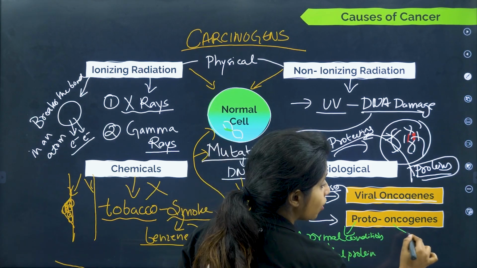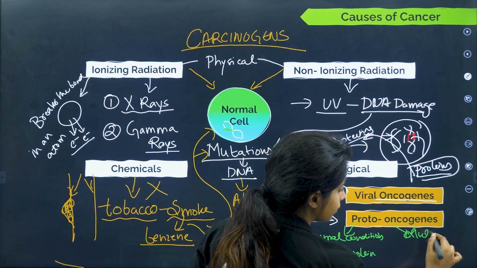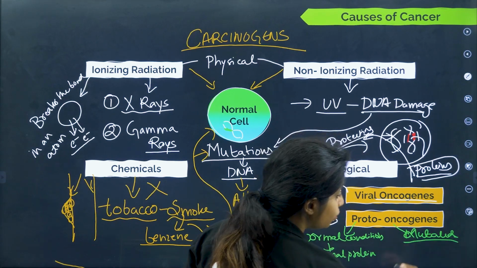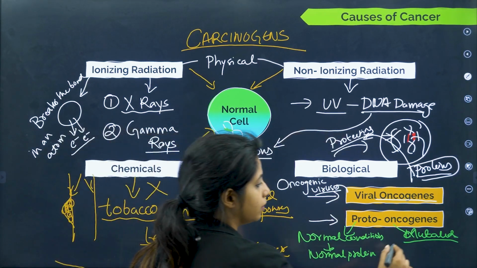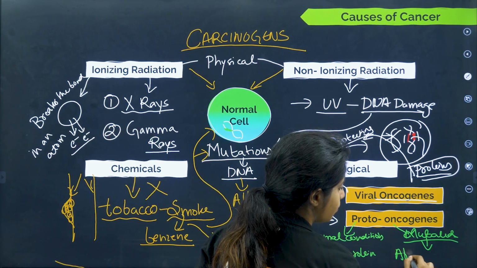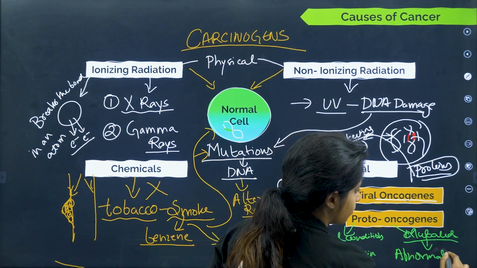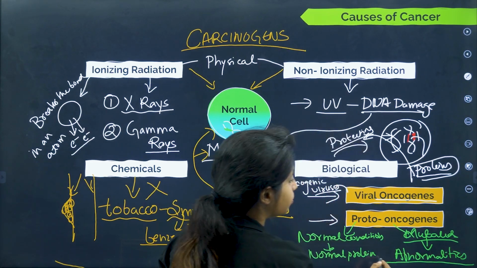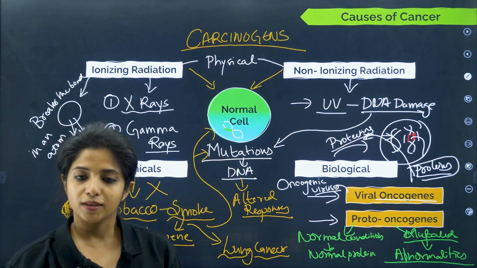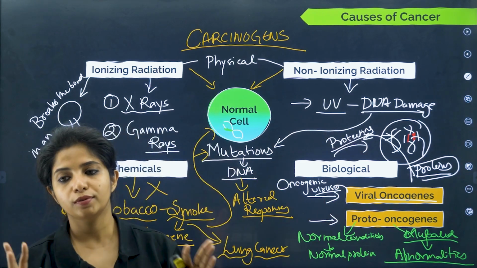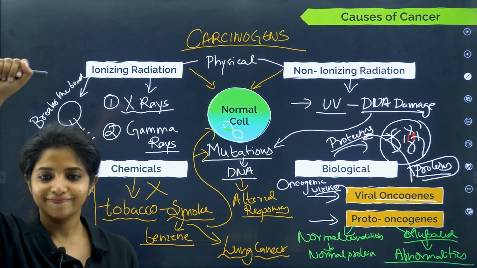Now, when this particular gene is mutated, basically what will happen? There will be certain abnormalities in the cell, because certain proteins will be produced which we do not need. Okay, so these are known as proto-oncogenes, which are already there in our body.